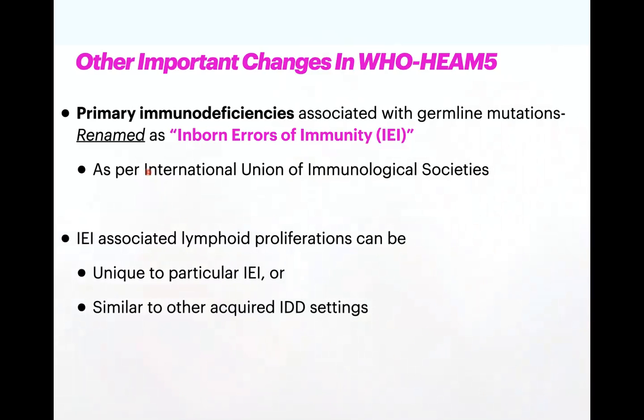They have another category for the germline predisposition syndromes, and they have described ataxia telangiectasia and NBS specifically in that entity. So the article is again unclear on where these entities will go, whether you will describe them under this IDD heading, or whether you describe them as genetic predisposition syndromes.